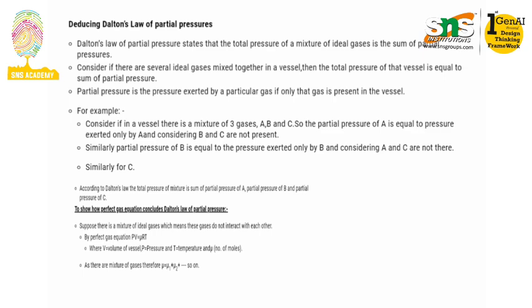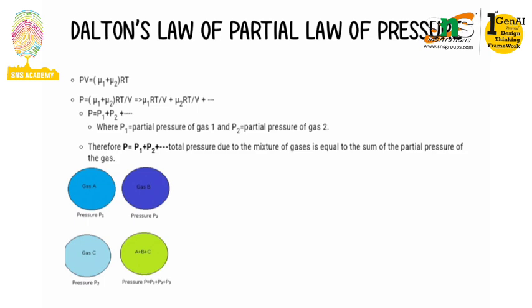Okay, now to show how the perfect gas equation leads to Dalton's law of partial pressure. Suppose we take a mixture of gases, which means the gases do not interact with each other. By the perfect gas equation, PV is equal to mu RT, where V is the volume of the vessel, P is the pressure and T is the temperature.